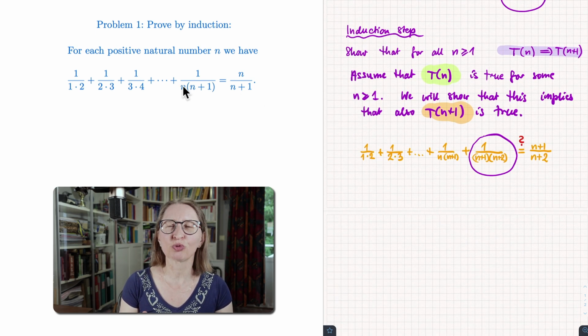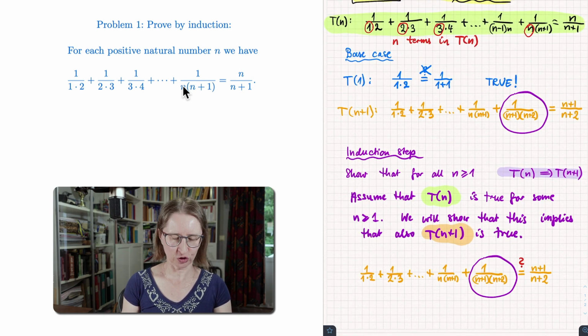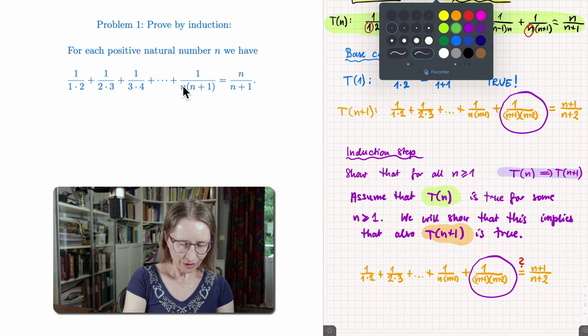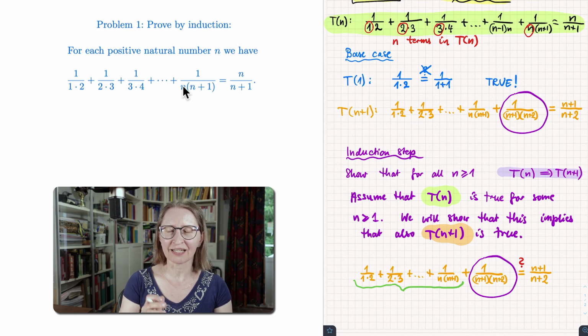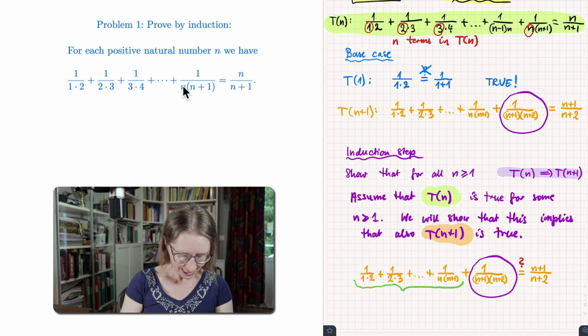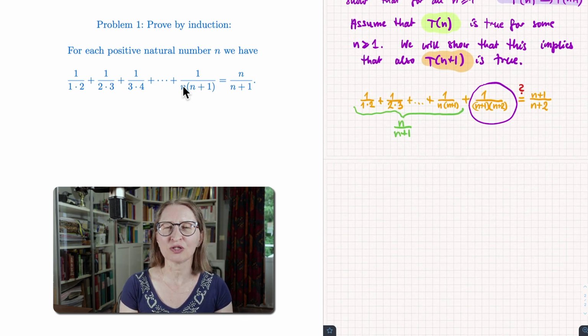But I have to prove it using the induction assumption that this green formula is true. The assumption tells me that this first part, the sum of the first n terms, is equal to n divided by n plus 1, right? Because now I have to assume that the statement for n is true.